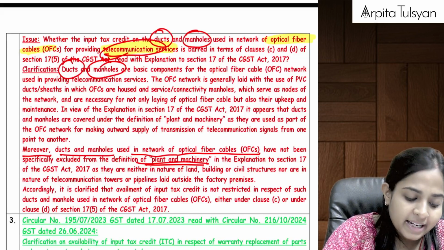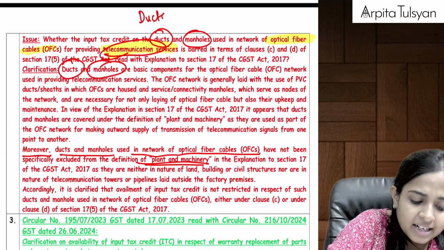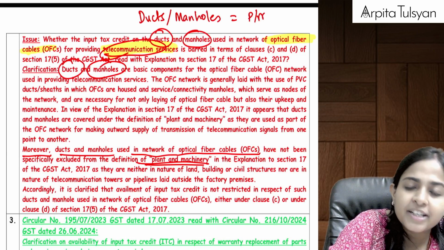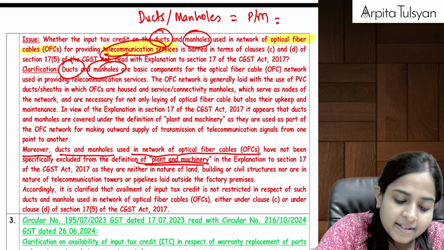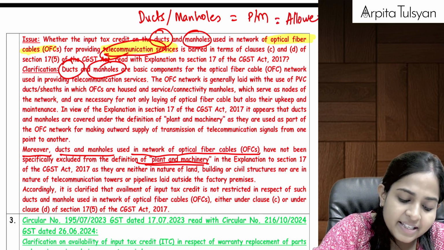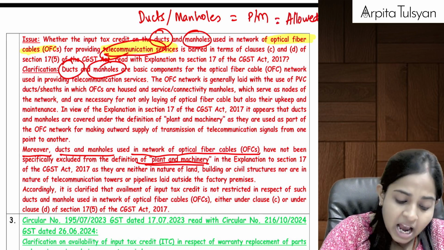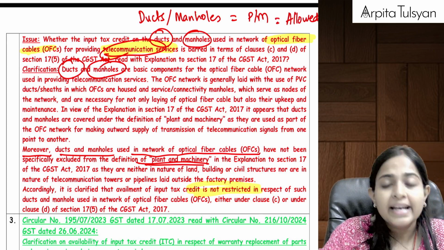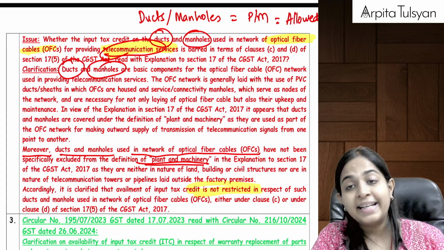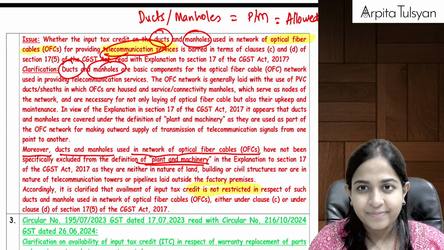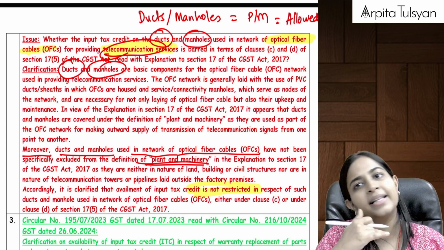So can we say in simple language, ducts and manholes will be considered as plant and machinery? If it will be considered as plant and machinery, then can we say ITC on the same is going to be allowed and it will not be restricted? Had it been a telecommunication tower, then blocked.